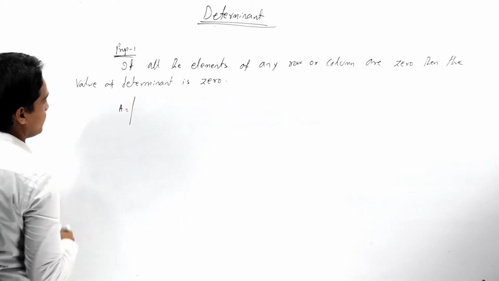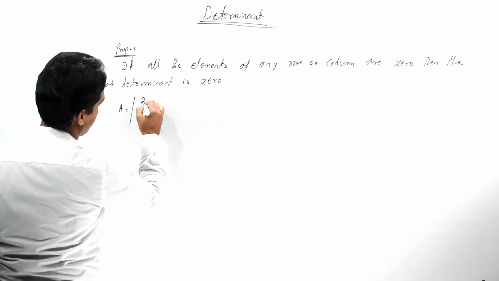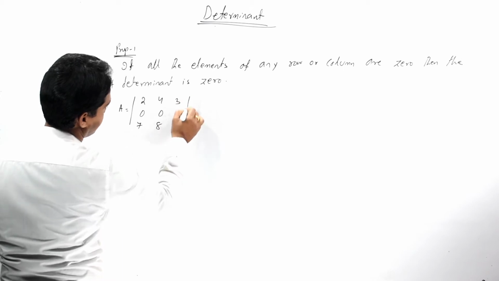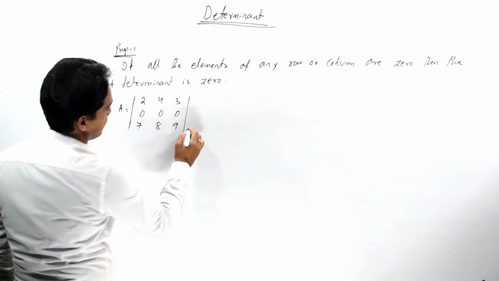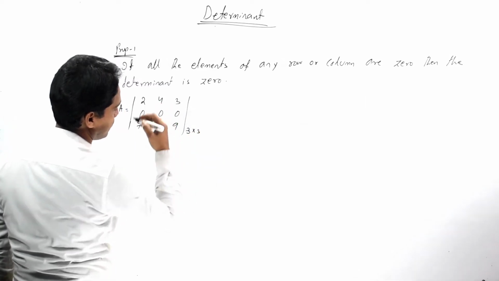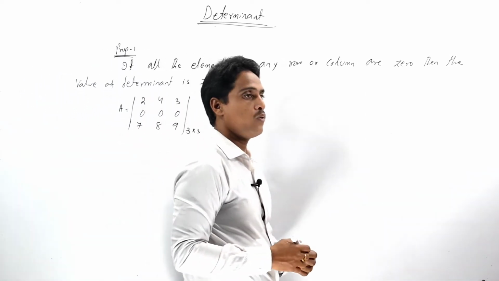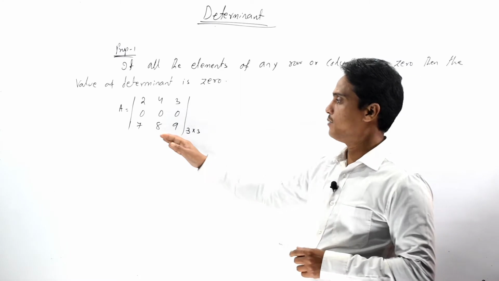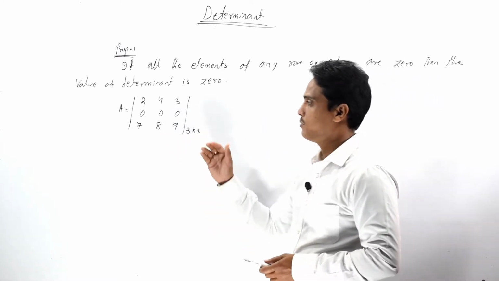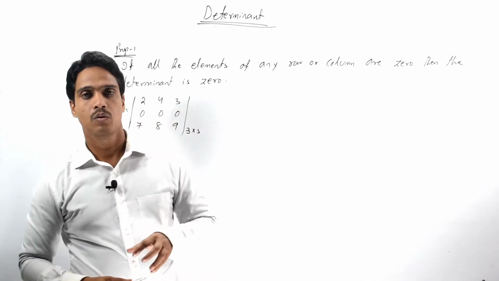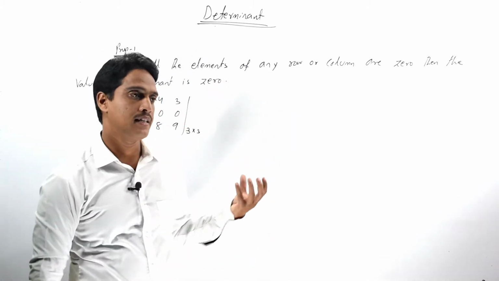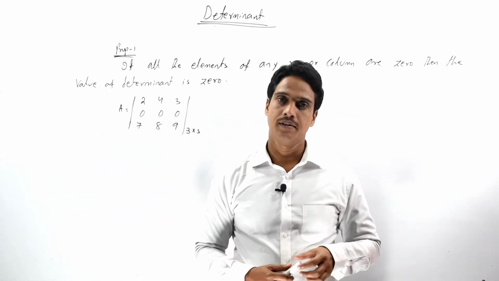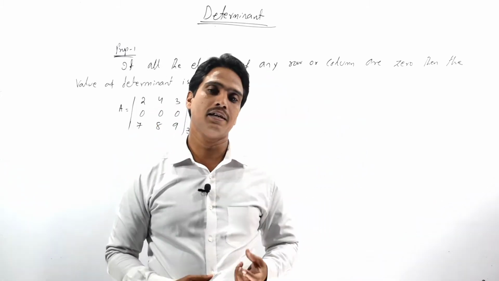Suppose A is the determinant whose elements are 2, 4, 3, 0, 0, 0, 7, 8 and 9. It is a case of a third order determinant where 3 rows and 3 columns are present. In order to find the value of the given determinant, we can use any method, that is, Sarrus's diagram method, expansion method, minor method or cofactor method.